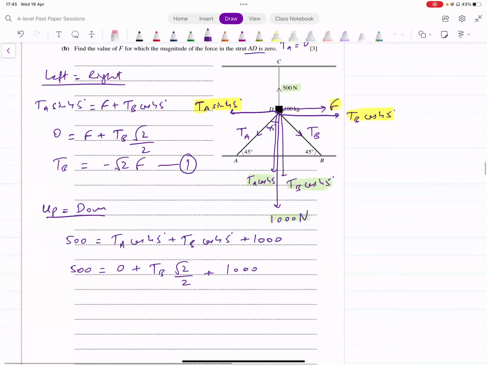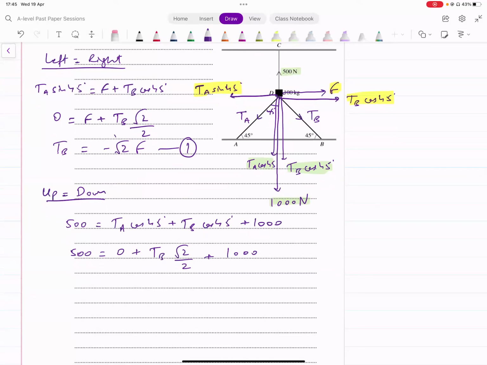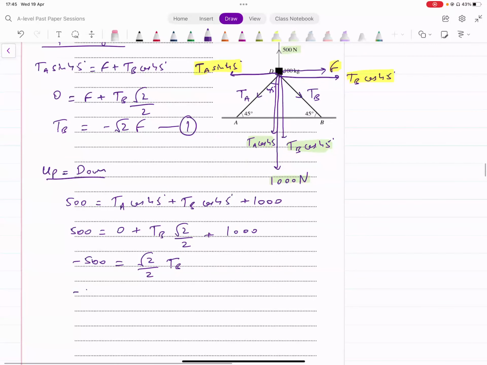In fact, यहाँ से आपके पास TB आ जाएगा डायरेक्टली, आप TB की जगह पे ये डाल दें, however you want to do it, और आप देखें आपके पास क्या आता है। Left side पे I'm getting -500, on the right side I have square root of 2 over 2 times TB. Okay, now if I input that in place of TB, जो ऊपर हमने निकाला था, TB की वैल्यू क्या है, square root of 2 times f.